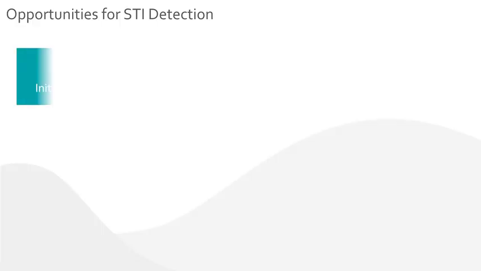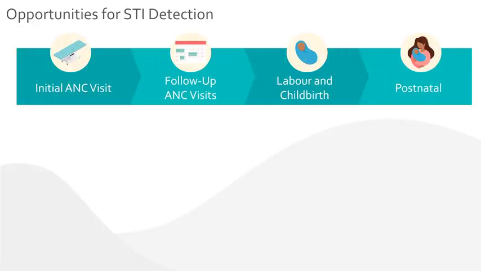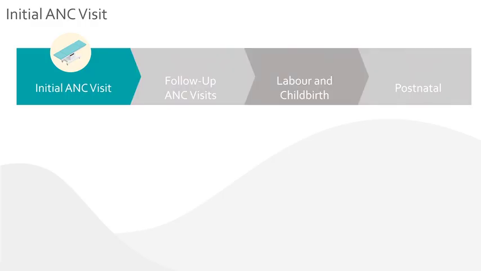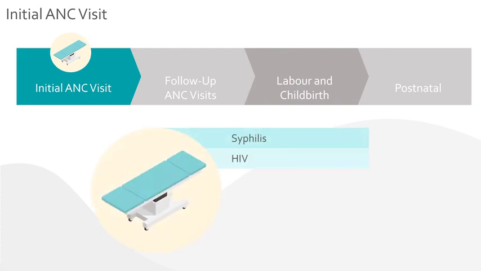We'll now look at opportunities for STI detection and management at each ANC visit. The first ANC visit is a critical opportunity to discuss STI risk and prevention, ask about symptoms, and screen for STIs. All women should be screened for syphilis, HIV, and hepatitis B, and where possible, for gonorrhea and chlamydia.